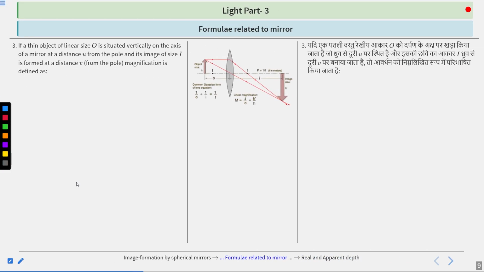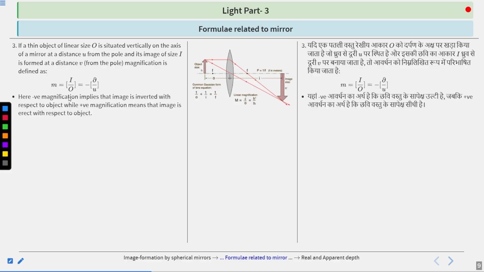If a thin object of linear size O is situated vertically on the axis of a mirror at a distance u from the pole, and its image of size I is formed at a distance v from the pole, then magnification is defined as m equals I by O equals minus v by u.